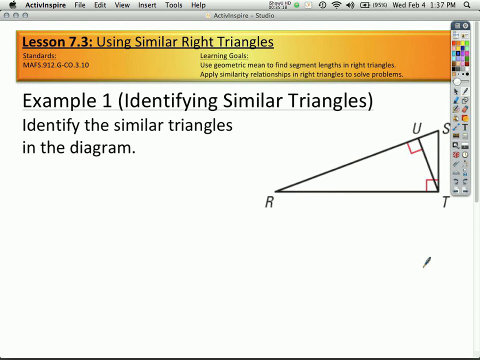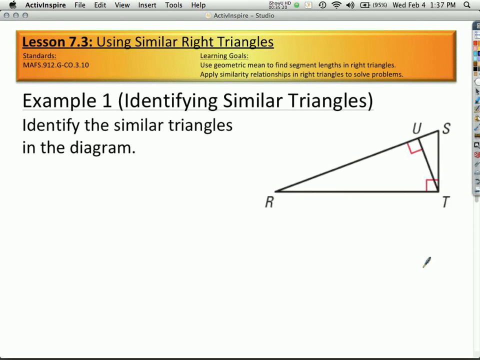First goal, as I had indicated before, was to be able to figure out which triangles are which. So we're going to just start out by identifying the similar triangles from this picture. We're going to stay organized. We're going to keep it very simple. So start with the big triangle.